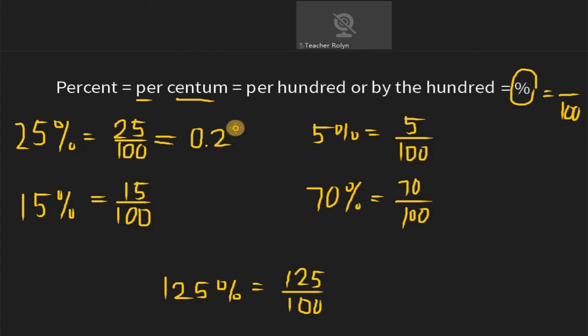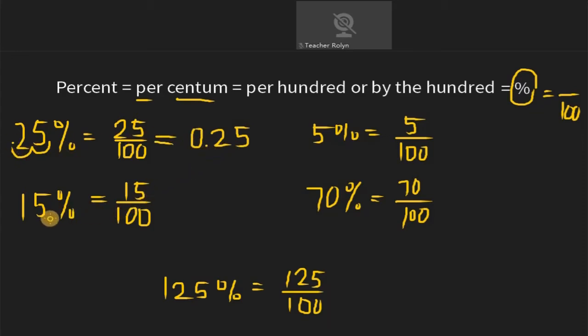Or in short, kapag nagdi-divide tayo ng 100, we just move two decimal places to the left. Ulitin ko, nagmo-move lang tayo ng decimal places to the left. So, ibig sabihin parang ganito lang, 1, 2. That is why we have 0.25.